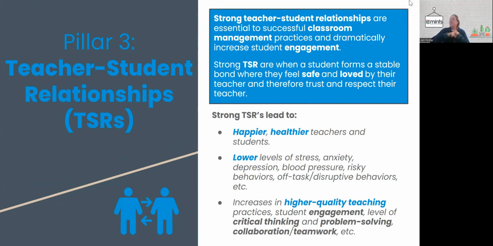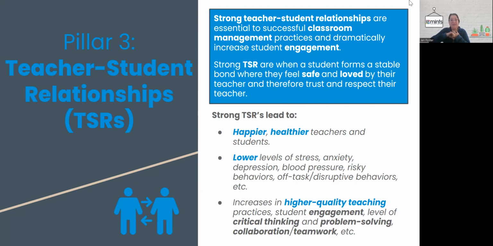So teacher-student relationships are really essential to classroom management practices, and they can dramatically increase student engagement. Because again, the quote that she said earlier, kids don't learn from people they don't like. That holds true for adults as well.